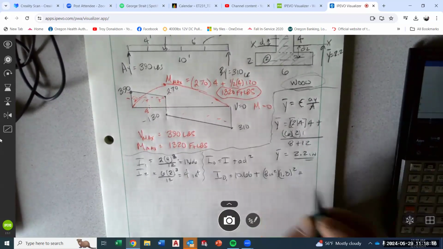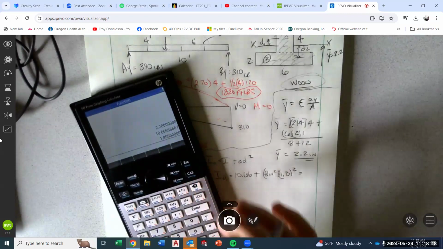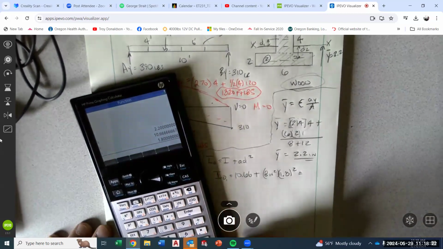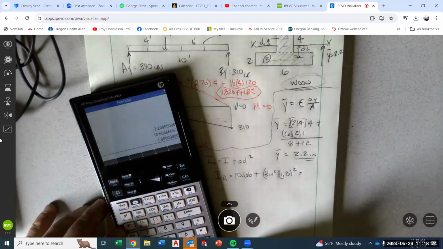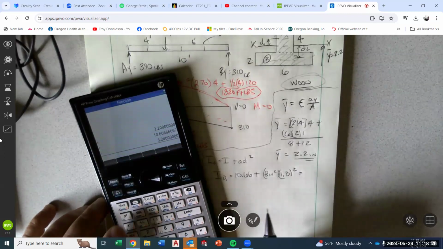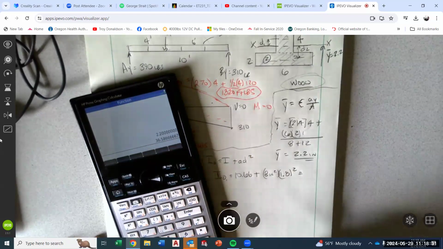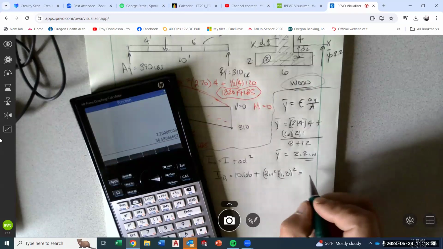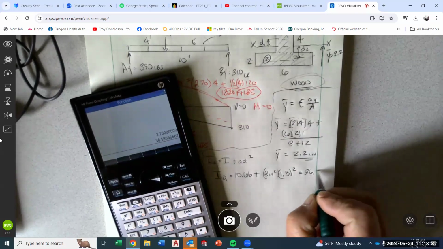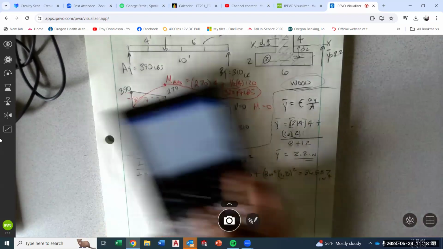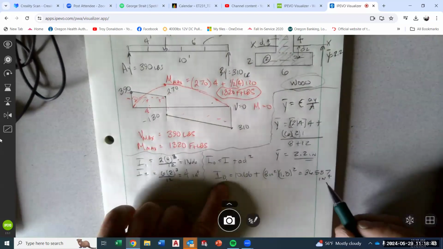So let's get that number. I have a few numbers in here already that I can use. I'll square the 1.8 and then 8 times, and then I will add those together. It looks like 36.587. And that is the inertia of number 1 transferred.